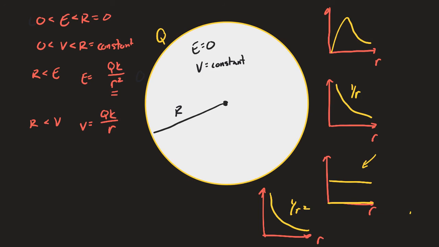So, if they want the electric field inside a conductor, you're going to expect a graph that's 0 all the way to R, and then something happens after you pass R. Now, this question is certainly different than having, say, an insulator or conductor on the inside, and then some kind of conducting shell on the outside.